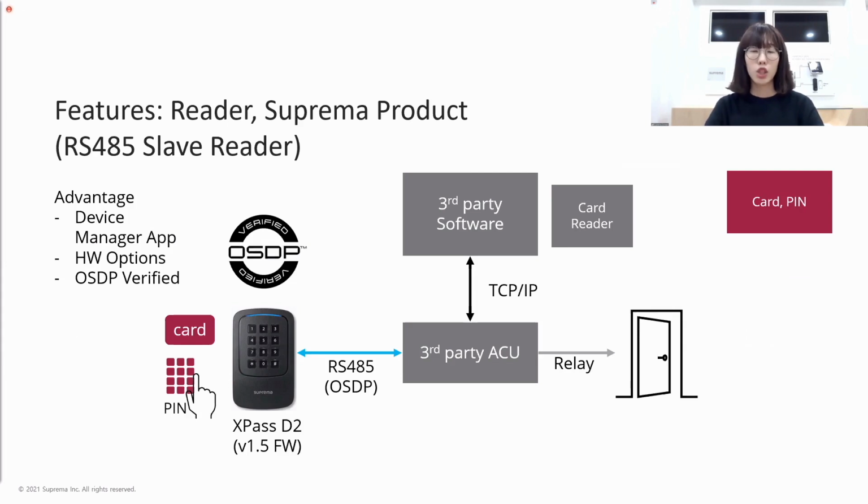In XPS2, since it does not support TCP connection, presetting through software is not possible. Instead, it is easy to change the settings through the mobile app or a button on the hardware. For reference, other IP-based devices that support RS485, other than D2, can also be applied to this structure.